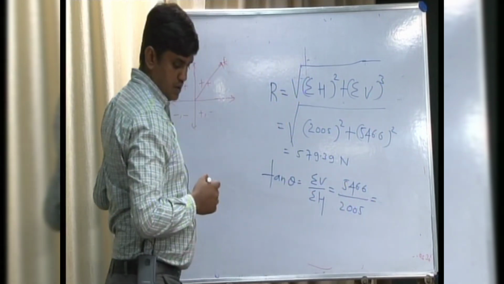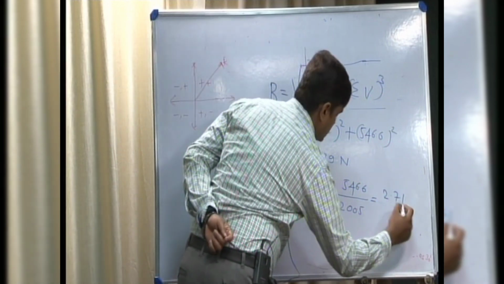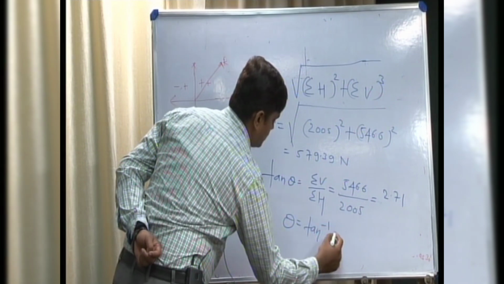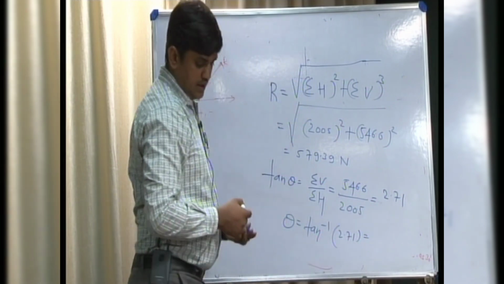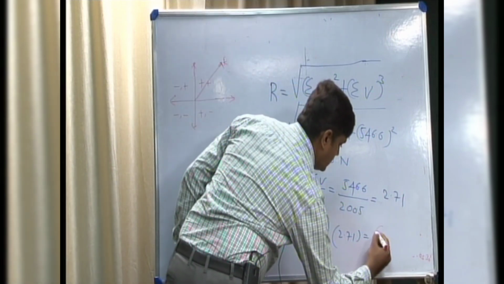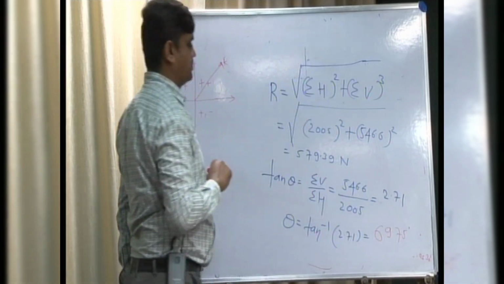We got the answer as 2.71, and theta will be equal to tan inverse of 2.71, and our angle is 69.75 degree approximately.